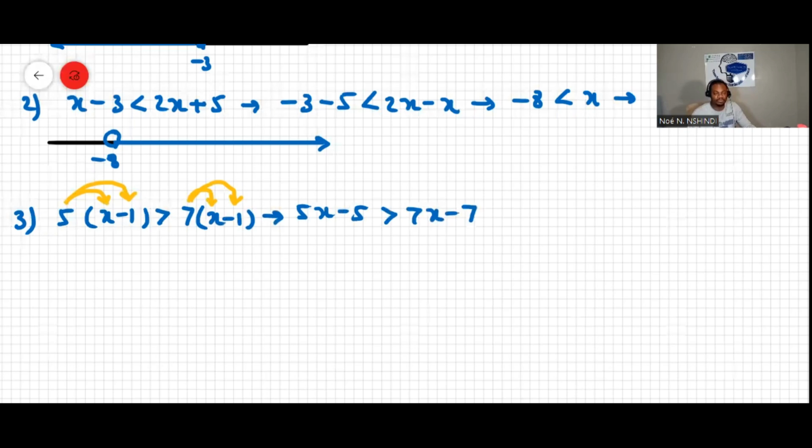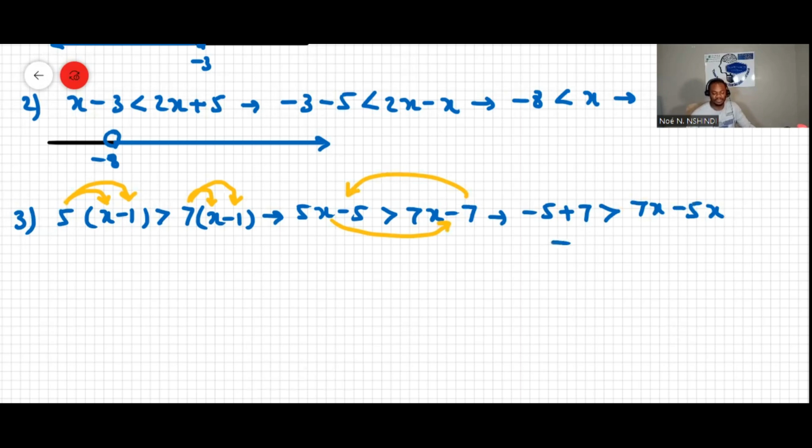So we can move the negative 7 over, and then move the 5x over. And then this would be what? Negative 5 plus 7 greater than 7x minus 5x. Okay.